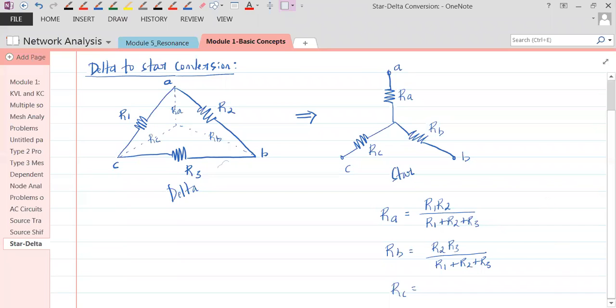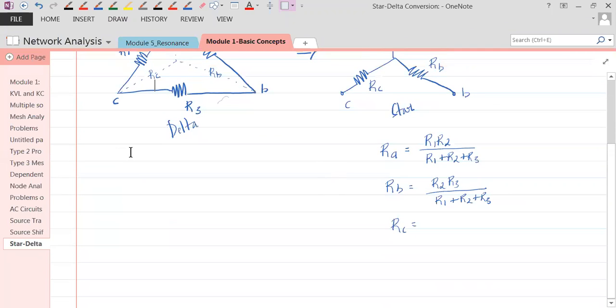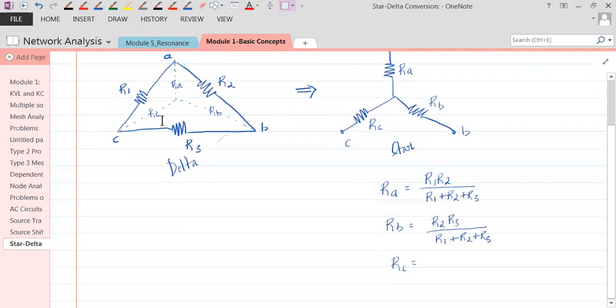Can you write RC yourselves? On both sides of RC you have R1 and R3. So R1 R3 in the numerator divided by R1 plus R2 plus R3, the sum of all the resistances, in the denominator. So this is how we can convert a delta into star. Everybody is okay with that?